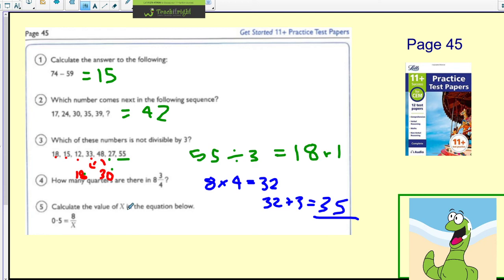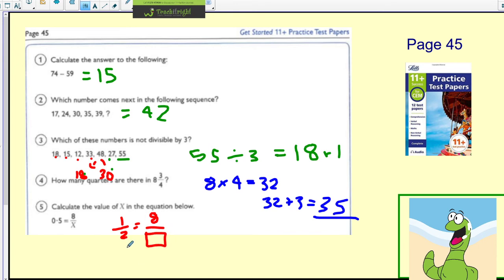Question 5, calculate the value of x in this equation. Interesting question here, I love these algebra ones. So 8 divided by something equals a half. So a few ways of doing it. You might just jump straight to the fact that it needs to be balanced, so you might have said something like this. So the 0.5 is a half. So what fraction will be 8 over what?